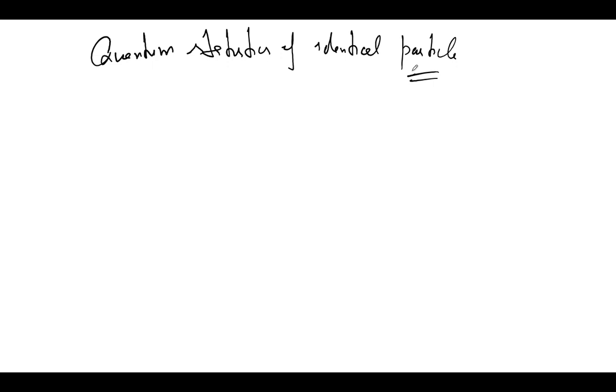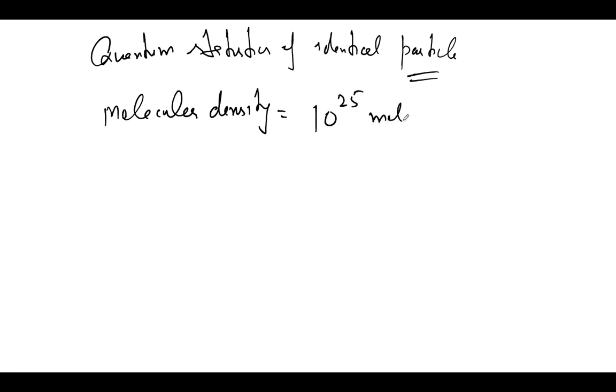If I consider classical mechanical particles, such as the molecules present at normal temperature and pressure, and consider that the molecular density is 10 to the power 25 per meter cube, what does it mean?